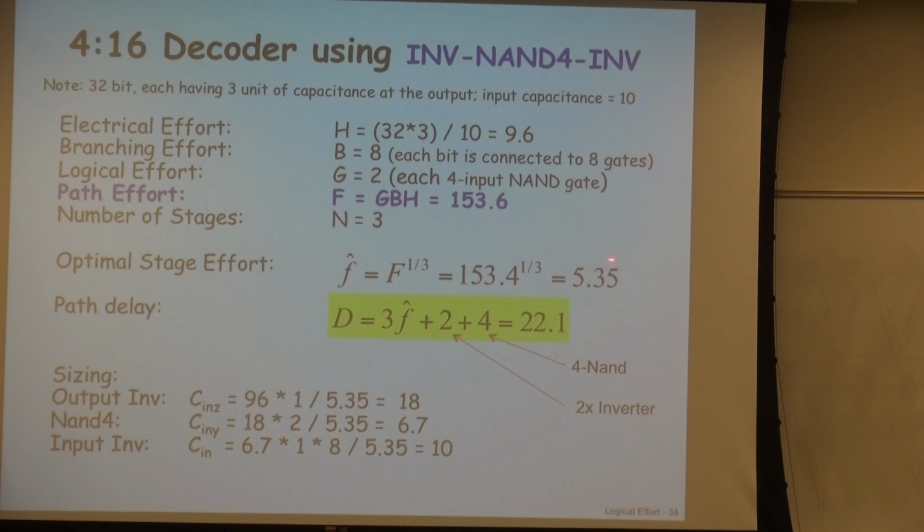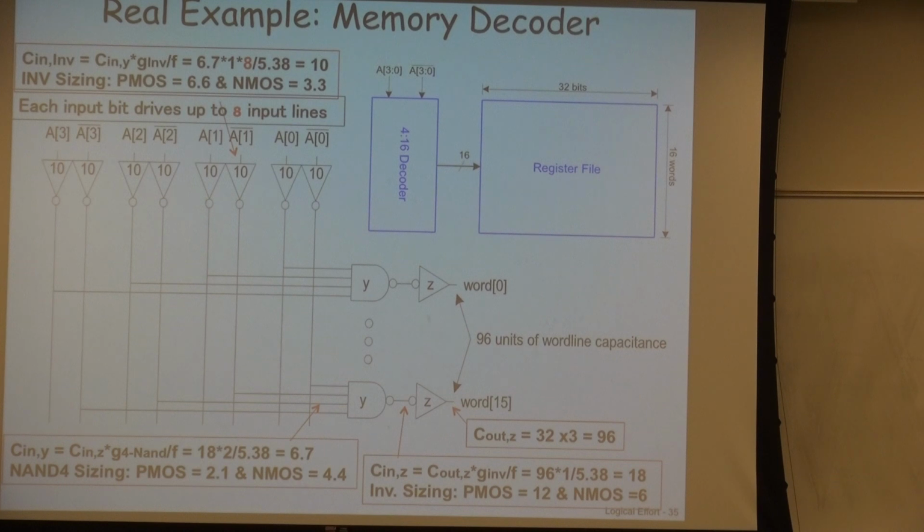So each stage has a stage effort of 5.35. So I can calculate the optimal delay from the input here to the word line going to all these places, to all these bit lines, right?